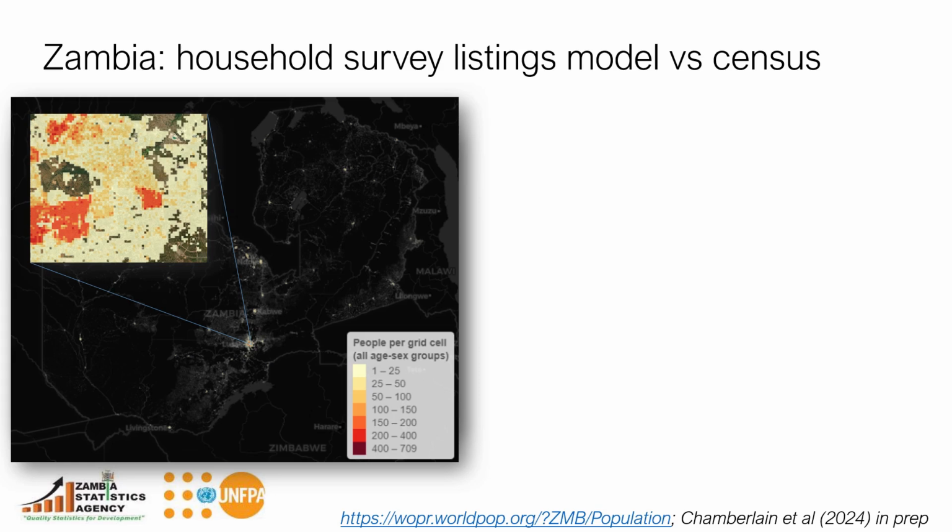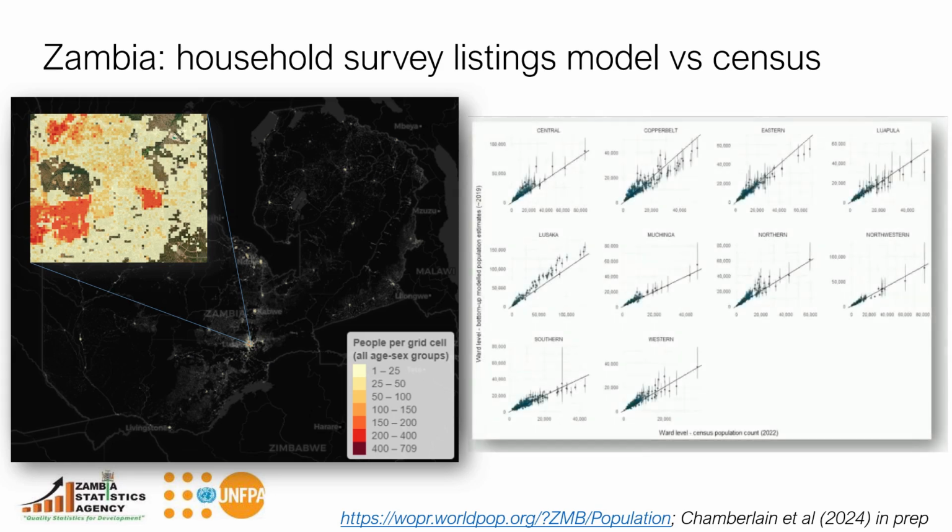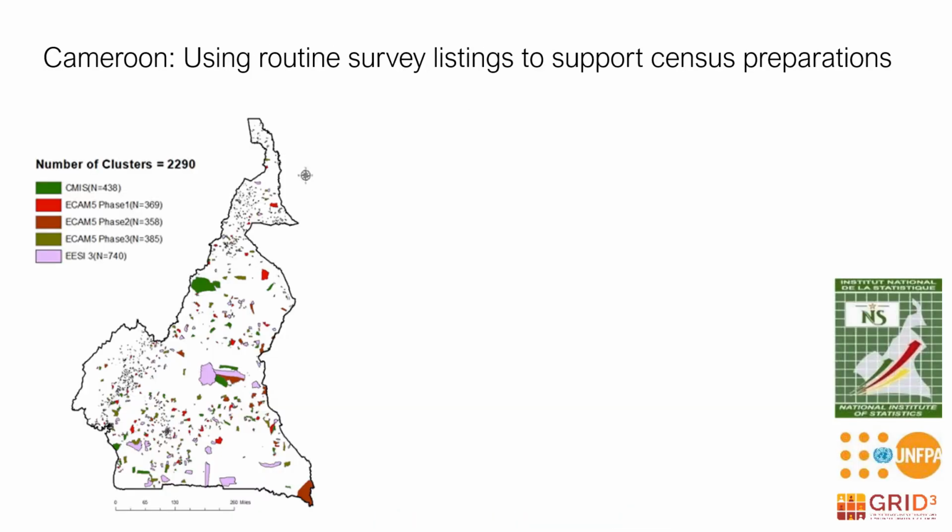But since then, they've been able to conduct a census in 2022. So these are early results, but we're starting now to really dig into the comparisons to see how well these estimates, with their confidence intervals, line up with what was actually found when the census was undertaken. We're finding generally pretty good results, but there are interesting outliers that may help us improve things.